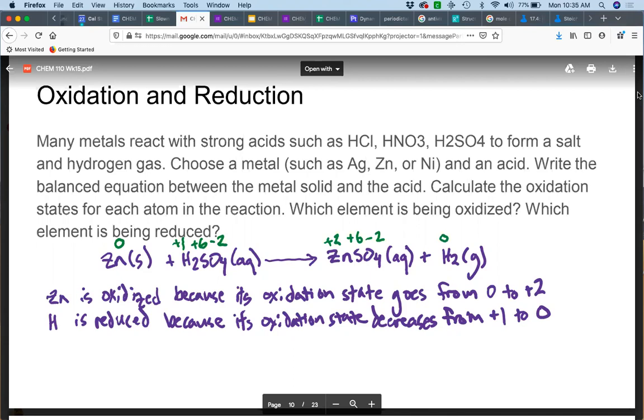And the really beautiful part about this oxidation and reduction process is that you can use it to drive other reactions. And so the power of this concept is that it's actually going to be something that we can use to make reactions that aren't particularly favorable run. So being able to identify oxidation states and being able to determine what is oxidized and what is reduced is a critical skill in chemistry.